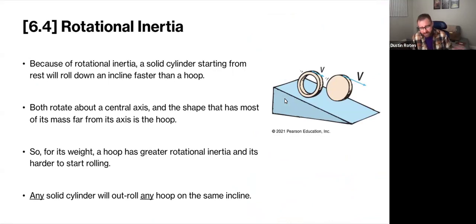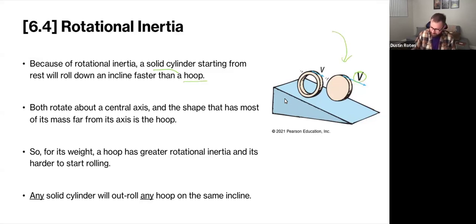So keeping along with this idea of rotational inertia and what's easy to roll or swing and what's hard, it's precisely because of rotational inertia that a solid cylinder starting from rest will roll down an incline faster than a hoop. And you can see that here.